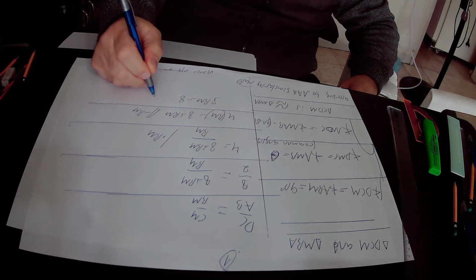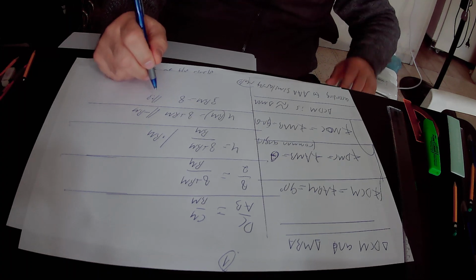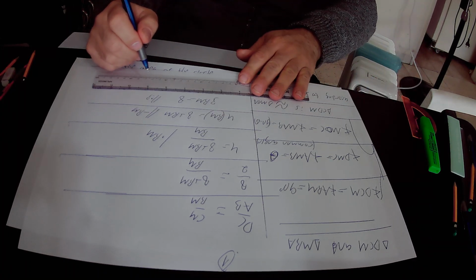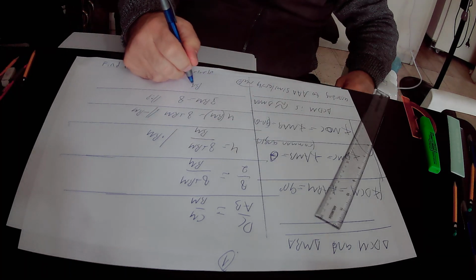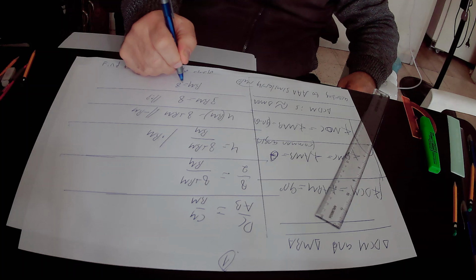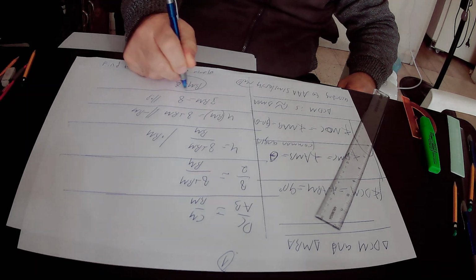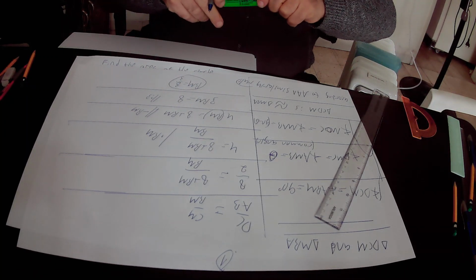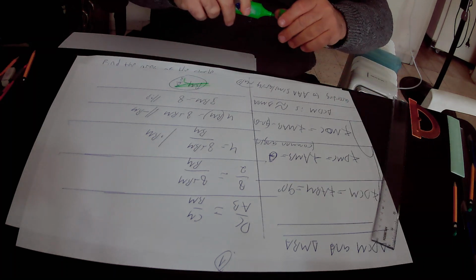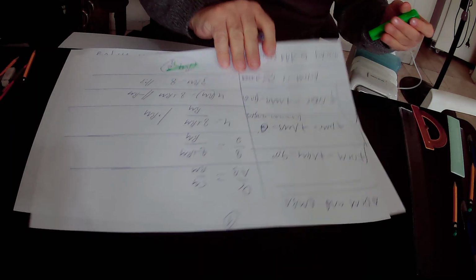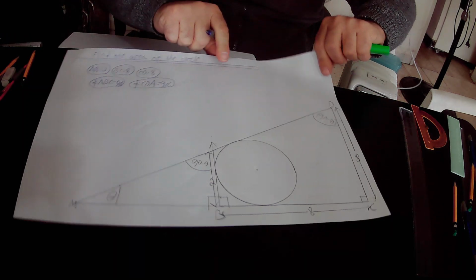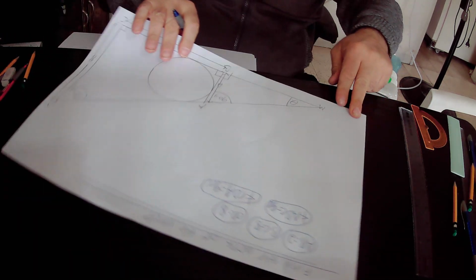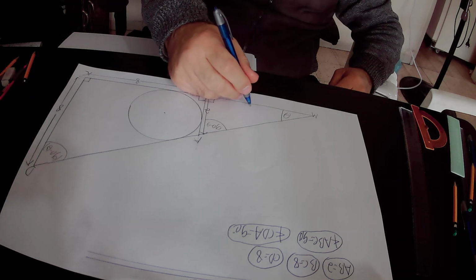Here we divide this equation by 3, and finally we get that BM equals 8 over 3 units in its length. Okay. Side BM equals 8 over 3 units in its length.